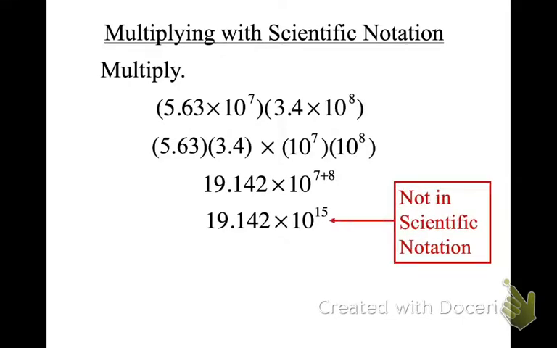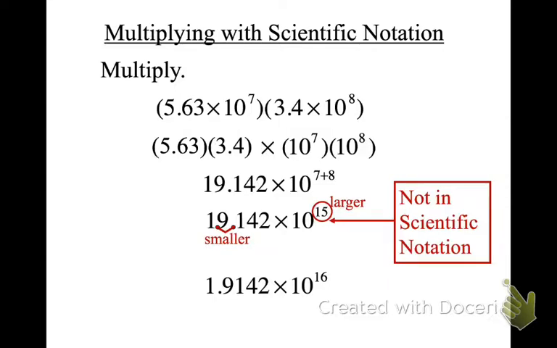Okay, so the thing to think about is I need to make this smaller. 19 is going to go from 19 to 1.9142 and if that gets smaller, then the other exponent's getting bigger. Okay? Now I'm in scientific notation.